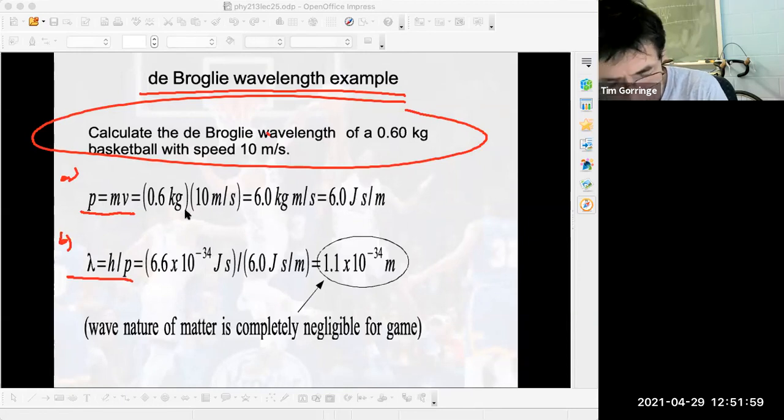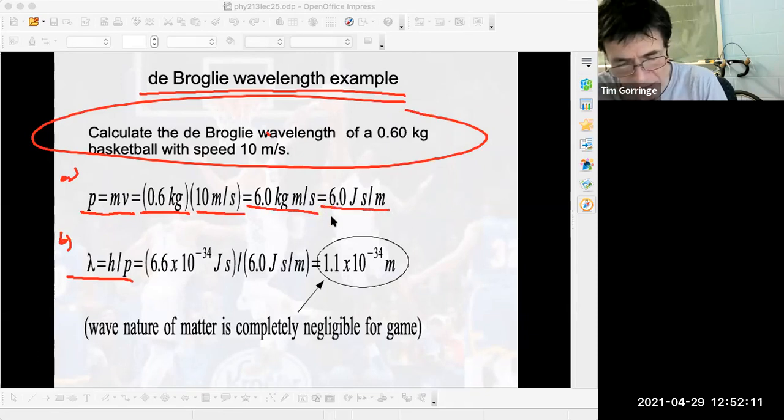And the mass we were told is 0.6 kilograms. The velocity we're told is 10 meters per second. So that's 6 kilogram meters per second. We might want to rewrite it in these units here, joule seconds over meters. They're equivalent units. So that's the momentum. Now we can go ahead and calculate the wavelength.